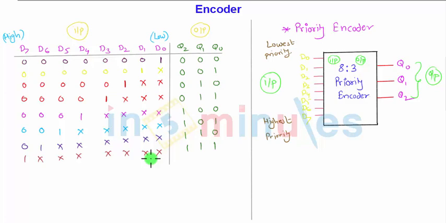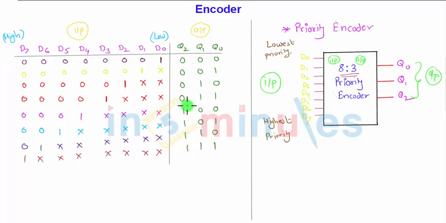On the basis of this truth table, we need to design the encoding logic inside the box of the 8:3 priority encoder. It means we need to express Q2, Q1, Q0 in terms of the input lines D7 to D0.